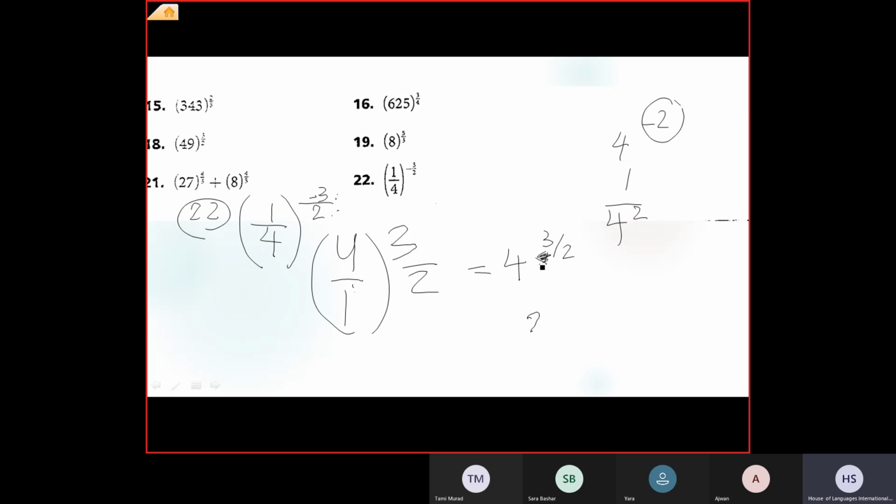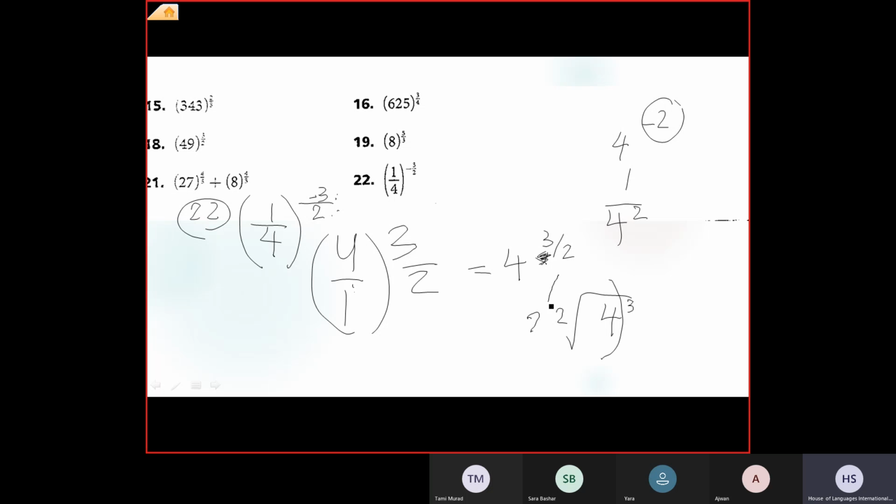How can you make it? We have 4 raised to power 3 over 2. 2 outside and 3.